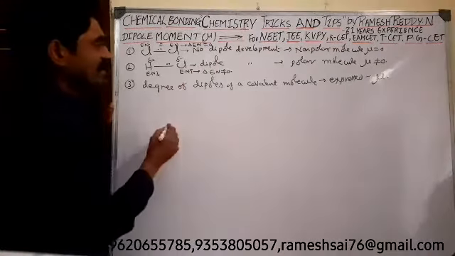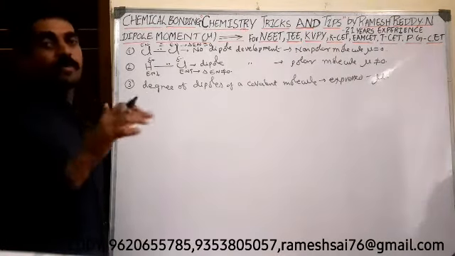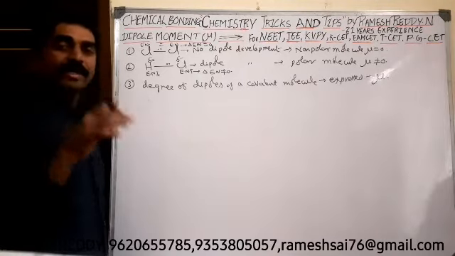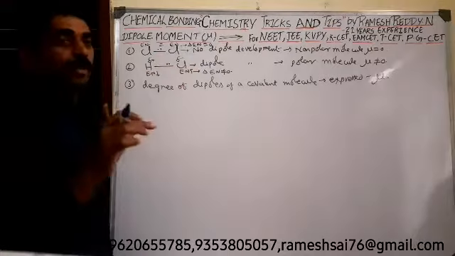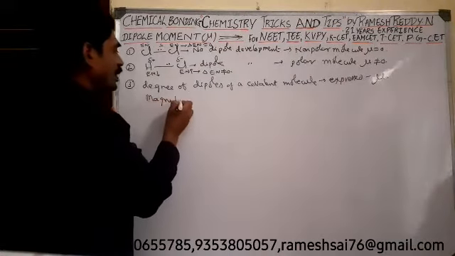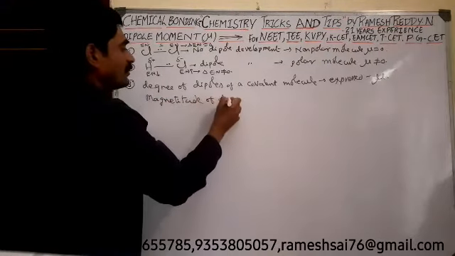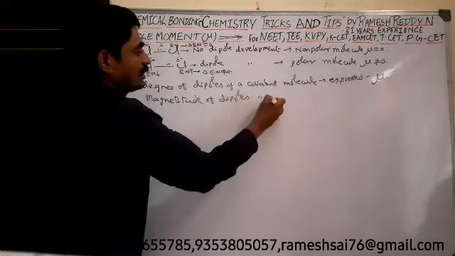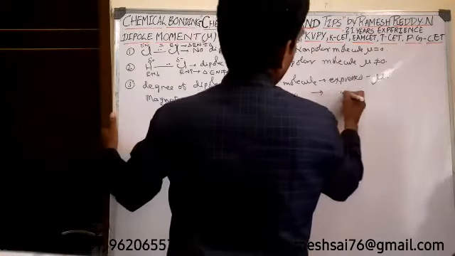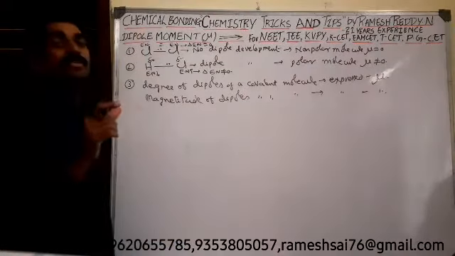So it is expressed in terms of dipole moment. That is the magnitude of the dipole. The magnitude of dipoles of a covalent molecule is expressed by using the concept of dipole moment. How much magnitude is there?